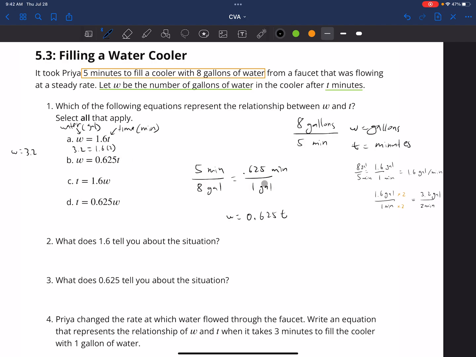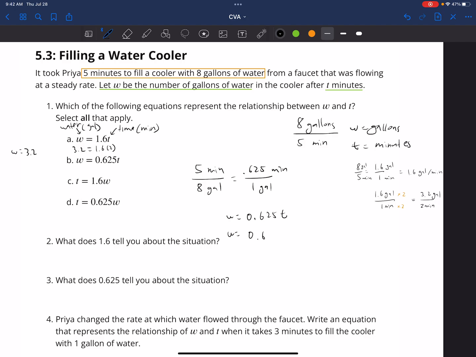Actually, if I put in 0.625 for T, I should get 1 gallon, because after 0.625 minutes, 1 gallon has been filled. That is the constant of proportionality that we're given. Let's put 0.625 into this equation and see if we actually get 1 gallon or not. I think already you can see that it's not.